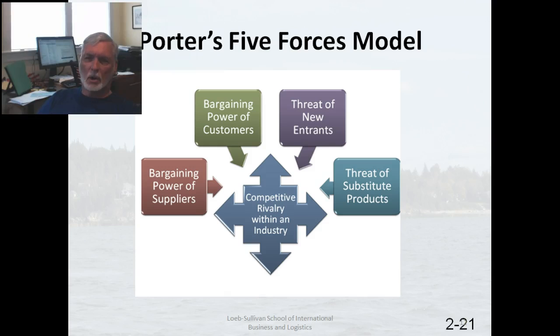So we can look at any market and say these 5 things determine whether this market will be an attractive market to enter. So if we start here with the bargaining power of consumers, if the customers have a lot of bargaining power, they can bargain with the people providing stuff in that industry and get a better price, then that makes it a less attractive market. If the bargaining power of customers is low, then it makes it a more attractive market.